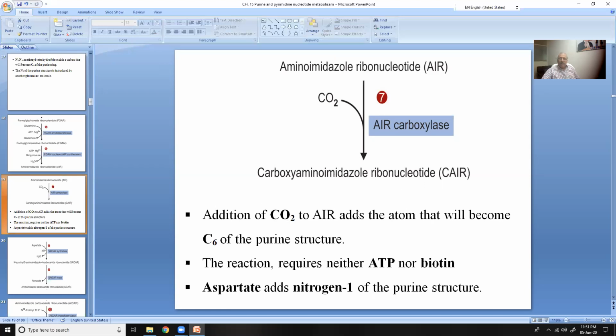Aspartate adds nitrogen 1 of the purine structure. Okay.